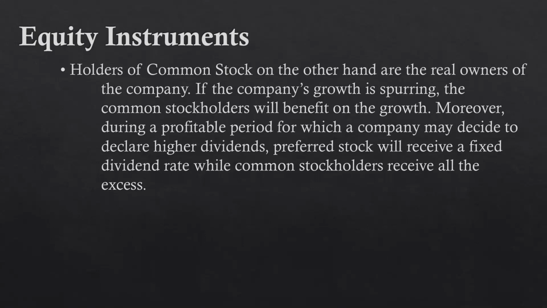If the company's growth is spurring, the common stockholders will benefit on the growth. Moreover, during a profitable period, for which a company may decide to declare higher dividends, preferred stock owners will receive a fixed dividend rate, while common stockholders will receive all the excess.